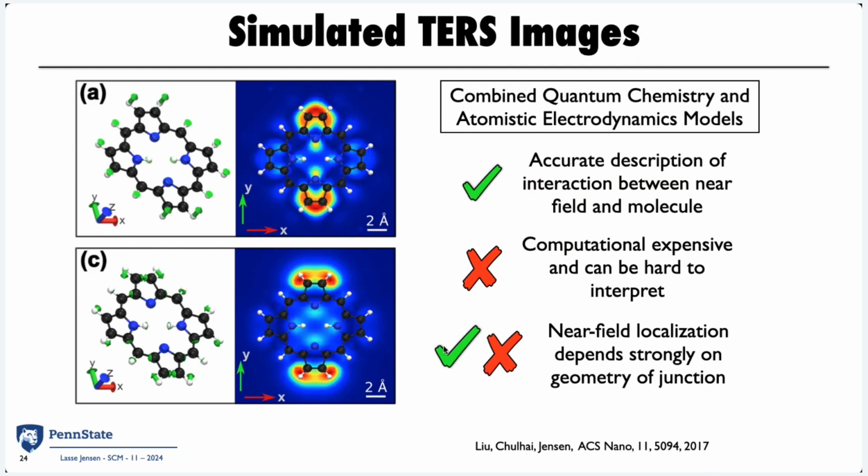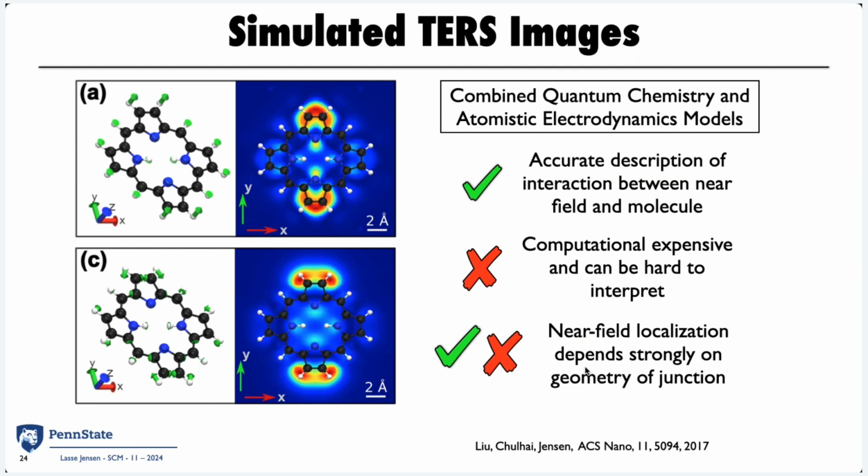The second thing is that the near field localization, which depends strongly on the geometry of the junction, is determined exactly by how we define our DIM system. This means that to describe different near field localizations, we have to change the geometry, the configuration of our nano junction, which becomes very time consuming, especially since we have almost no information about how the near field actually looks in the experiment.